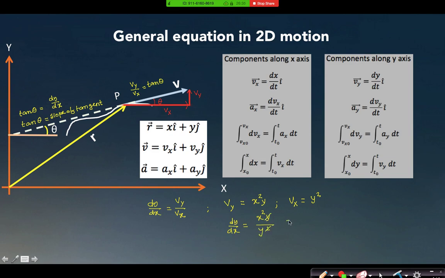So dy by dx equal to x square by y. So y into dy is equal to x square into dx. If I integrate, y square by 2 is equal to x cube by 3 plus some constant. That should be the equation of the trajectory.